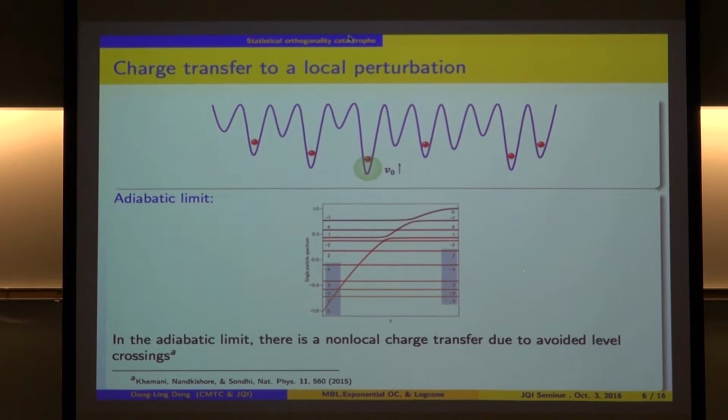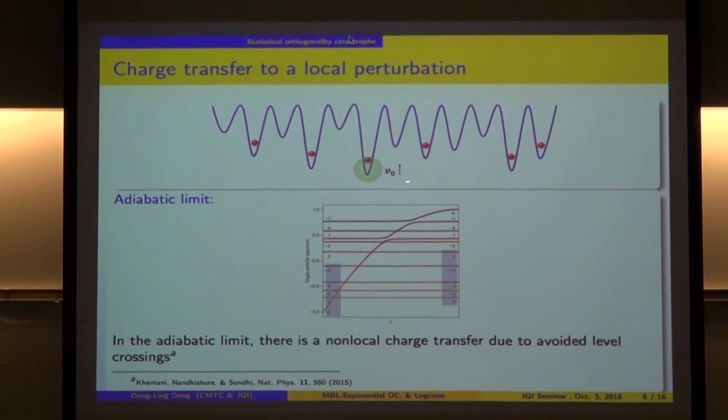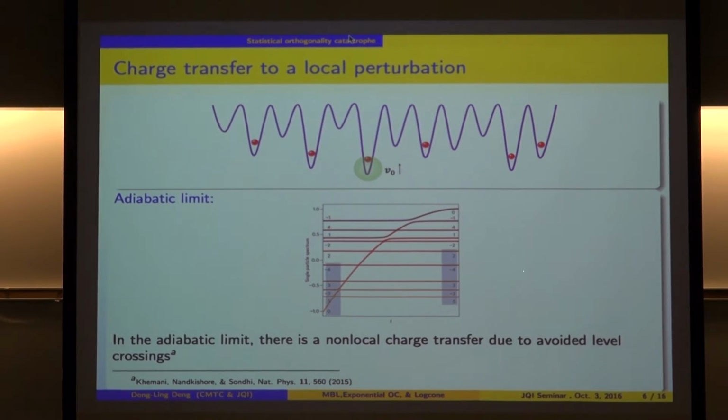In the non-interacting limit, the ground state of a many-body system is just a state with all the particles occupying the lowest single-particle eigenmodes. Now imagine we add this local perturbation slowly enough such that the system is always in the ground state.